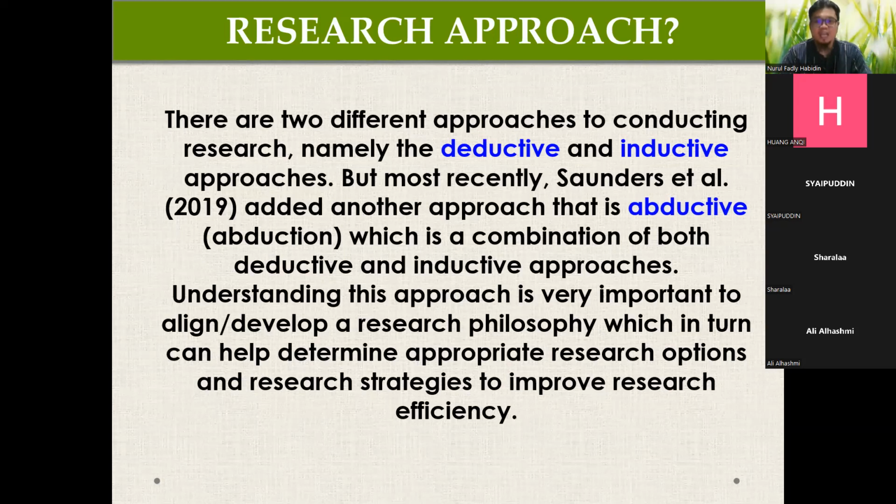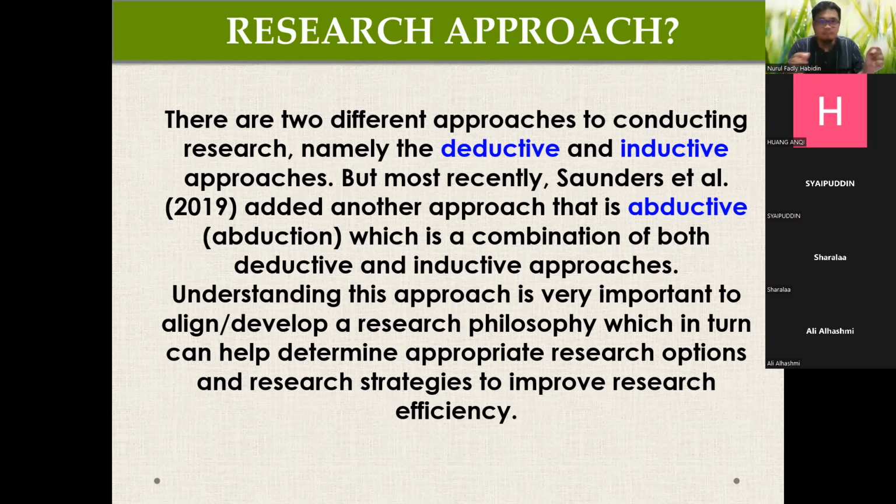In this part, you use both: I use deductive and inductive. So when you use both, we call that abductive. If you are doing mixed method research design, we use the abductive research approach. If it is just one, we call that mono.